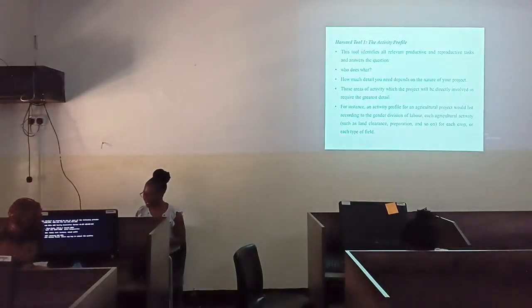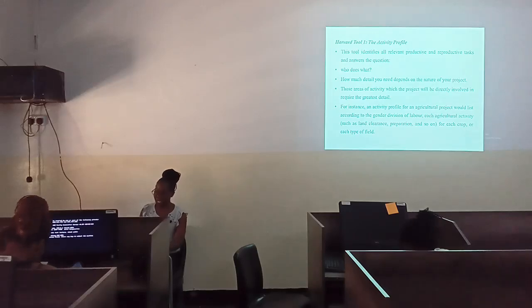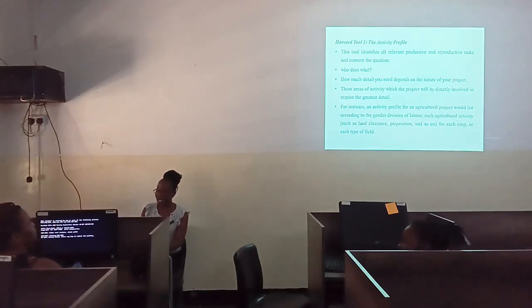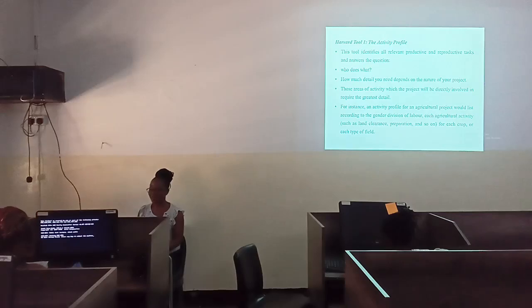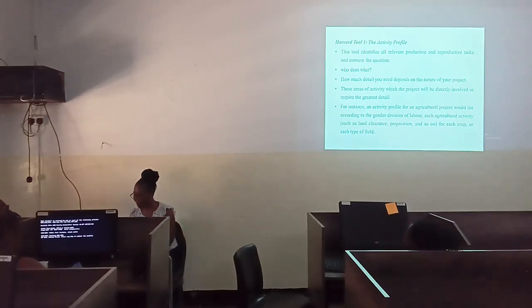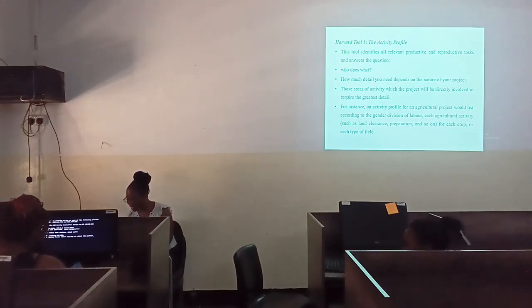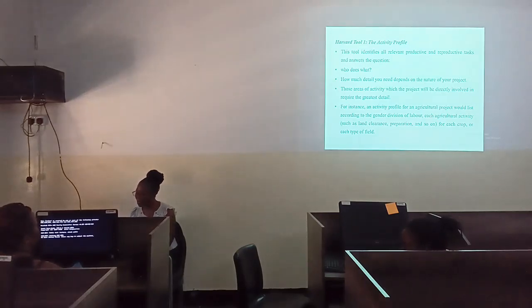Who does what? How much detail you need depends on the nature of the project. When you have a project, for the activities within the project, you need to ask yourself who does what. The detail will depend on the nature of the project, because projects differ from one to another. Those areas of activity which the project will be directly involved in require the greatest detail.